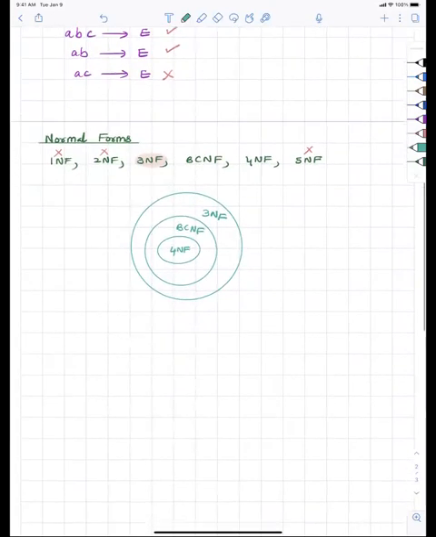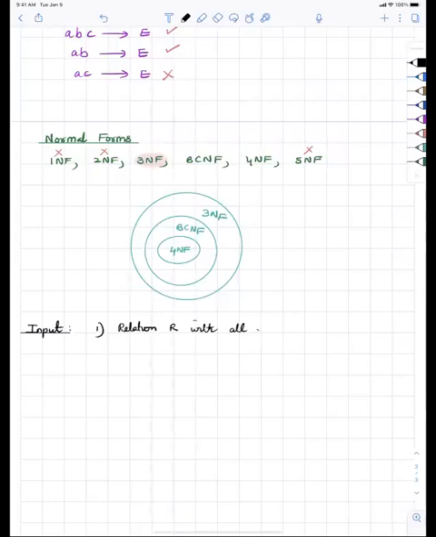So in all the problems that we are going to do, you're given an input, and the input is a relation R with all the attributes, R(A1, A2, and so on).